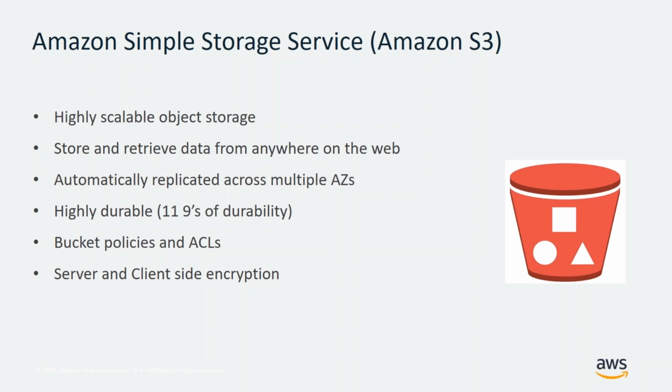I can, of course, store and retrieve data from anywhere in the web using the S3 native APIs or HTTP semantics. Objects that I place in S3 are automatically replicated to multiple availability zones with the effect of creating highly durable objects, 11 nines of durability per object in S3.